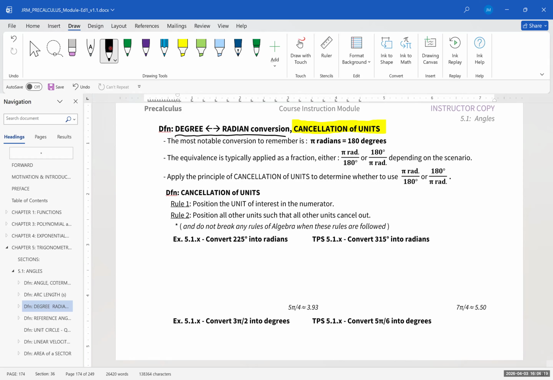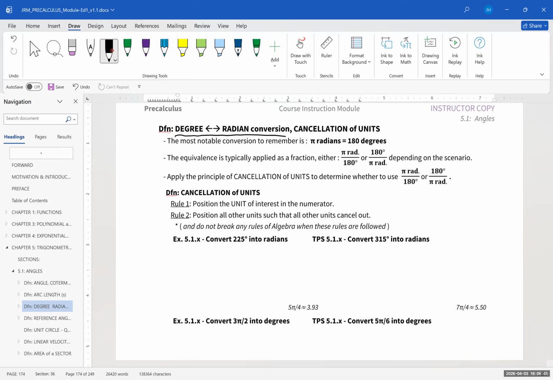Now, in order to convert between degrees and radians, we need an equivalence. And the equivalence that we know is that pi radians is equal to 180 degrees.